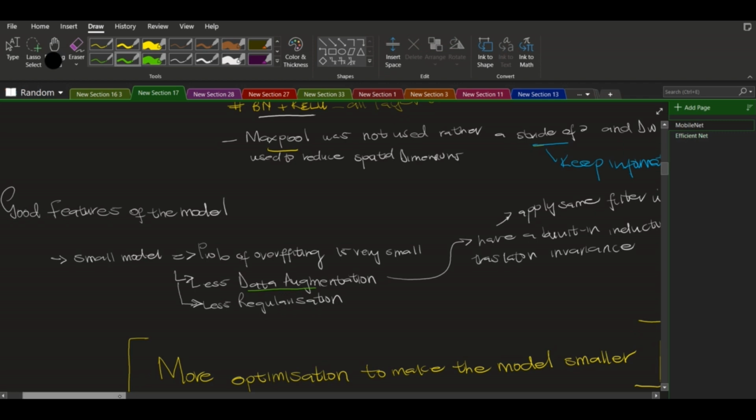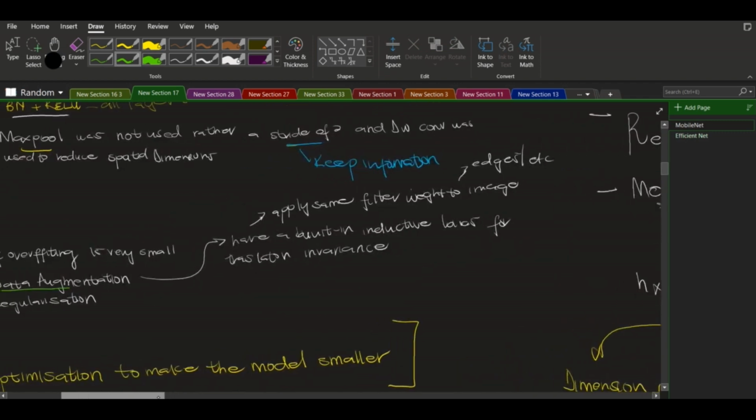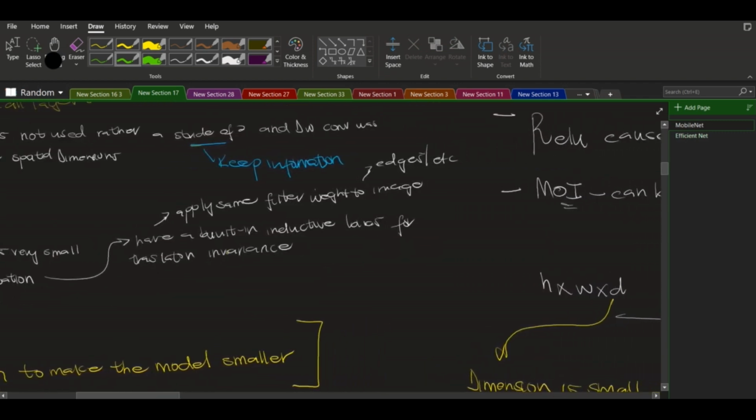I also recently covered MobileViT, which is the hybrid architecture whereby we try to integrate CNN and ViT. One of the points that the author made on MobileViT was that you require a lot of data augmentation for ViT models, but for CNN you do not require that much, although data augmentation is still quite important, right?